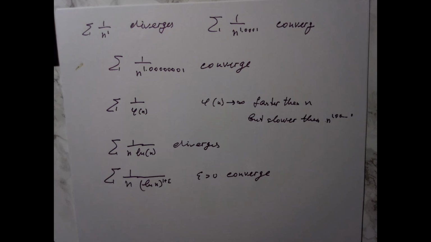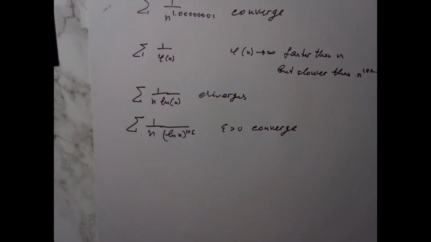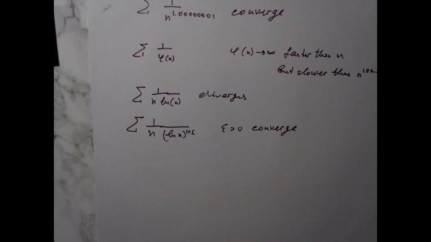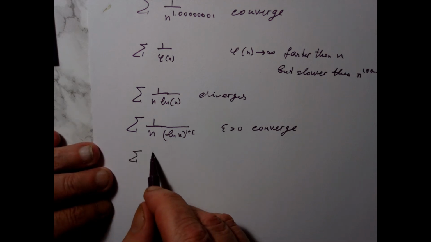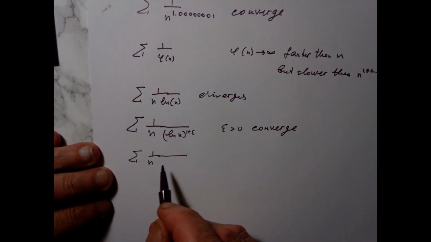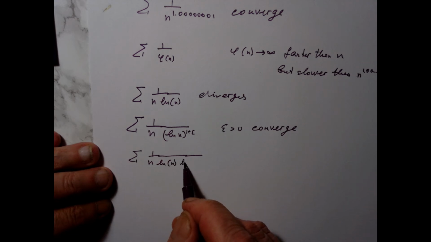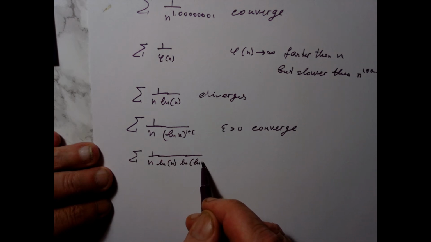Well, if you're a mathematician and if you're interested in deep learning, you will say, well, can I go on? Can I make something converge to 0 faster than this, but slower than any one of those? And the answer is yes. The sum of 1 over n, and then I will have log of n and log log of n.